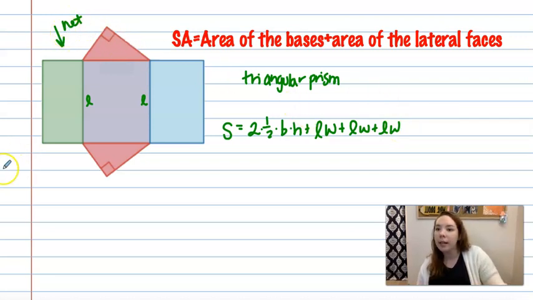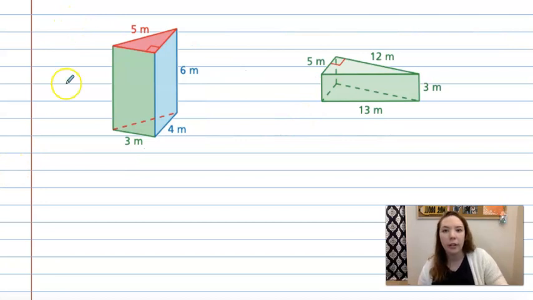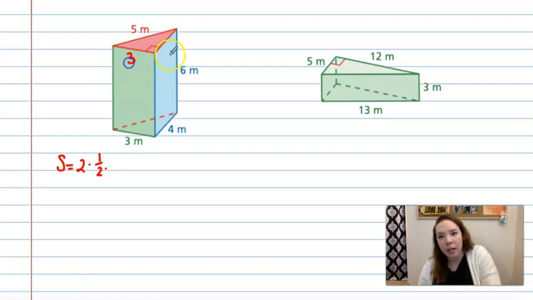based on your net here. So if we do a triangular prism, I know I'm going to have 2 of these triangle sides. So 2 times 1/2 times, it looks like my base is 3 and my height is 4. Then I'm going to have a 4 by 6.